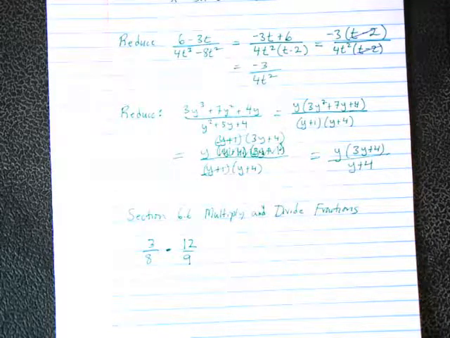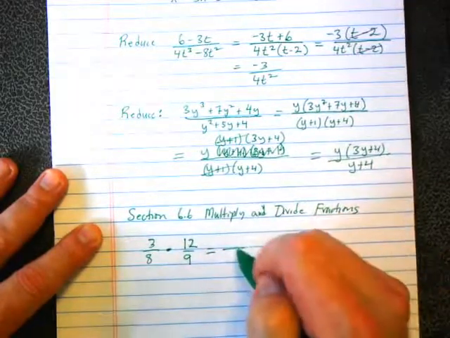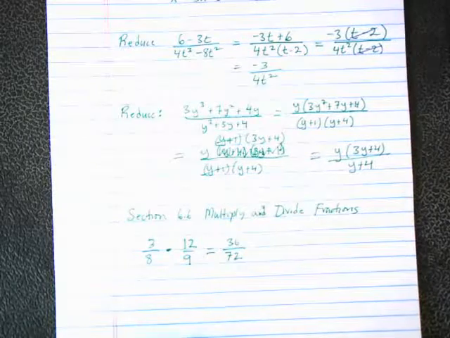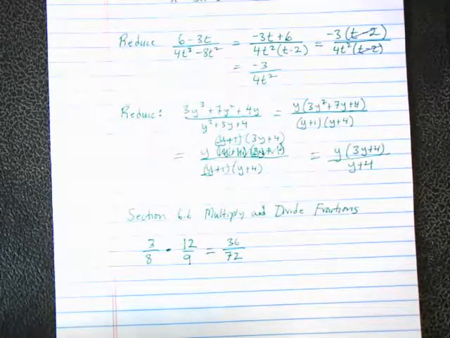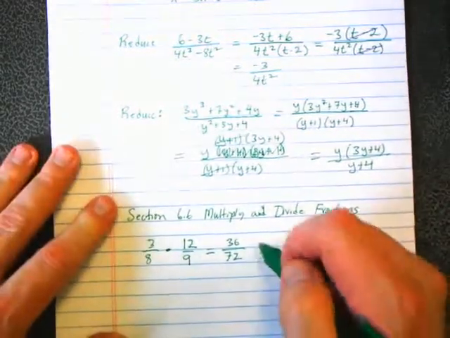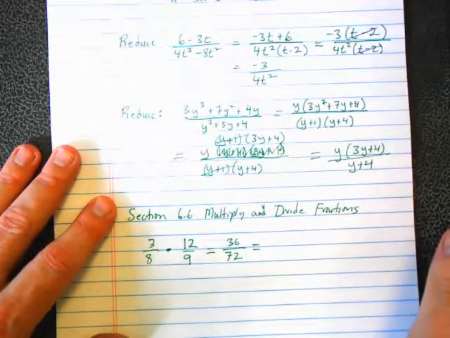All right, there's two ways to go. One is to multiply fractions. You simply multiply tops, multiply bottoms. All right, so I multiply the tops. What's 12 times 3? 36. 9 times 8. And then I look to reduce. 36 over 72. Can I reduce it at all? I can reduce by 8. 8 times 4 is 36?